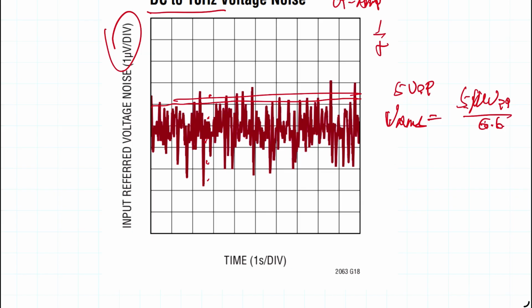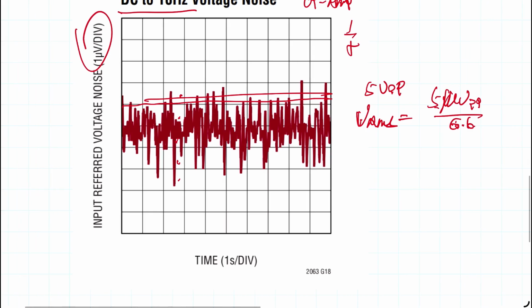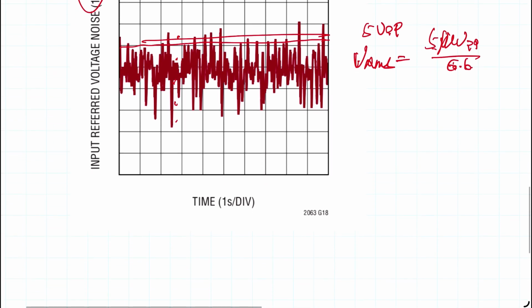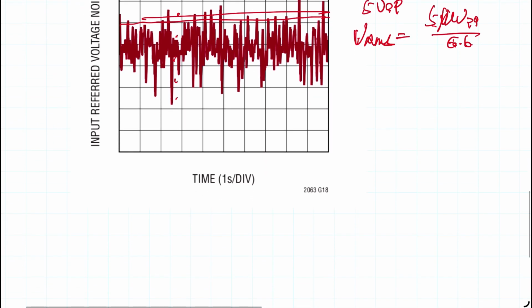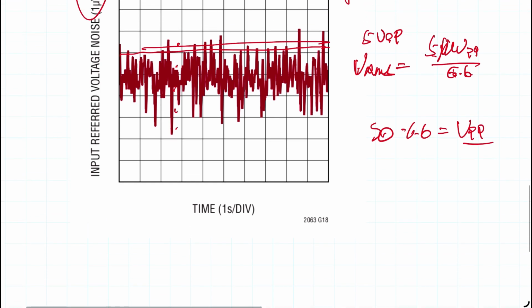When you see a noise signal like this, you can just estimate the RMS value. And most of the time, if it's a sampled signal, you can easily calculate the standard deviation of those samples. So if you know the standard deviation of the samples, you can quickly multiply the standard deviation by 6.6, and then you can estimate the V peak-to-peak value. Okay, these are just some quick tips here. Hopefully this can help you.